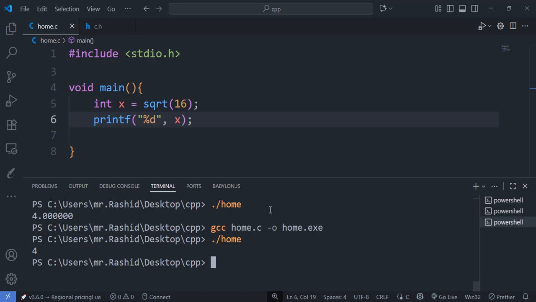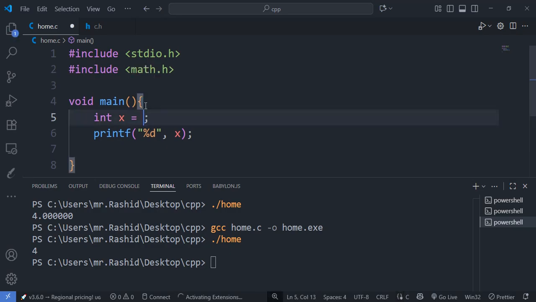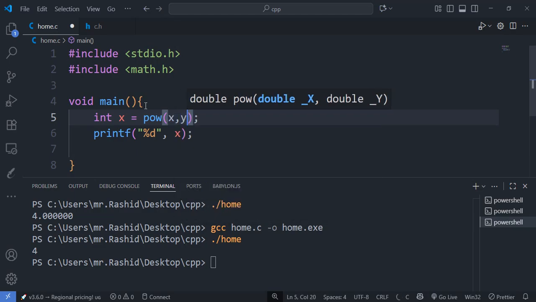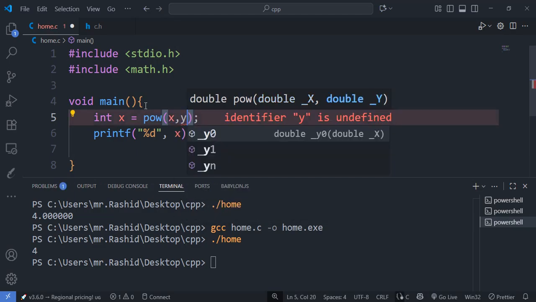We have another one, which is pow, for power. Let me show it to you. We use it like this, pow. If we have pow with x and y, it is going to return x raised to the power of y.